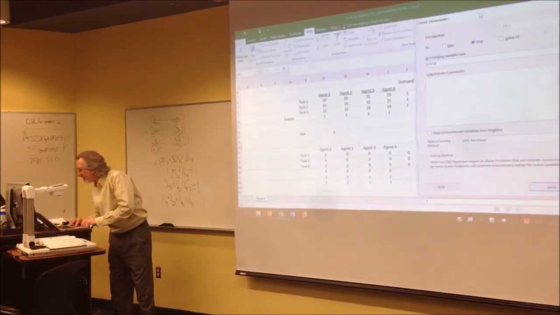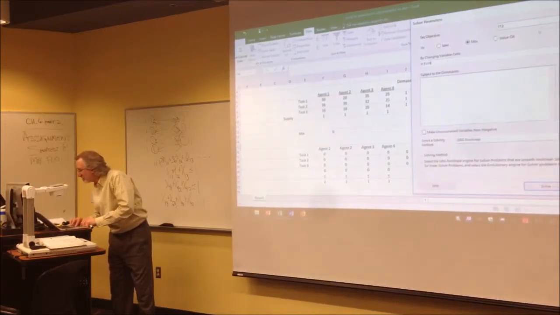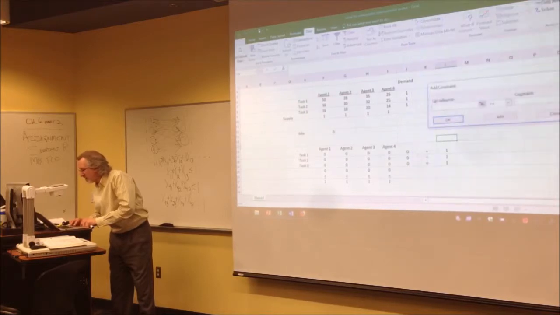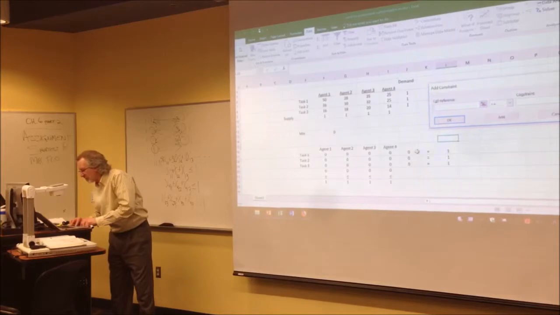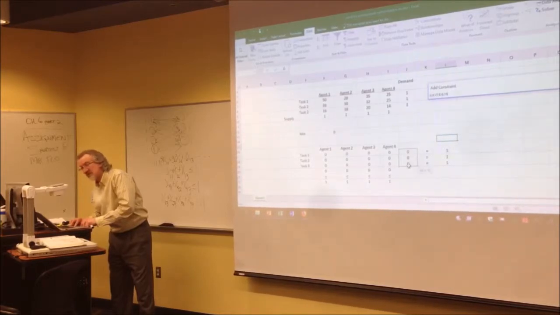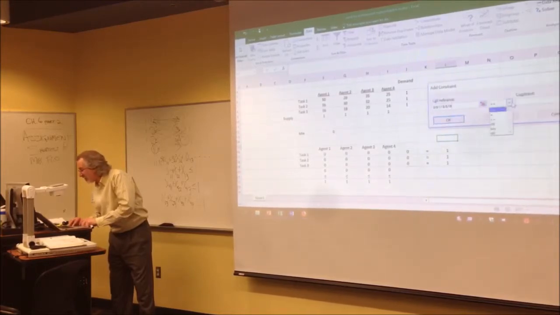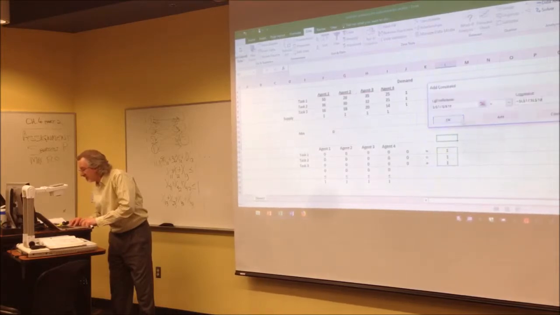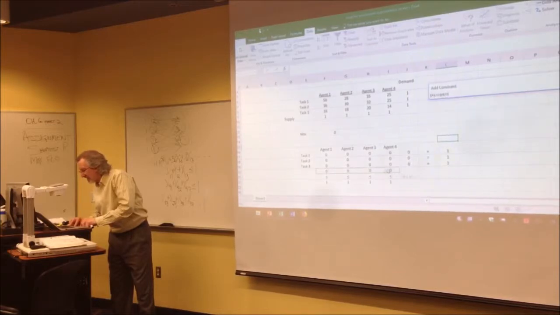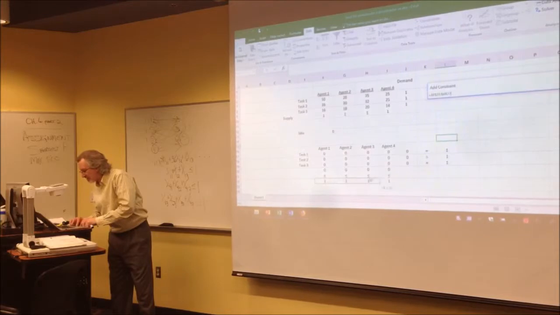All right, now we got to do constraints. Add. Anybody remember? Cell reference. Let's do the equals first. Let's do all three of them. These cells have to equal these cells. I'm going to add. These cells have to be less than or equal to these cells.